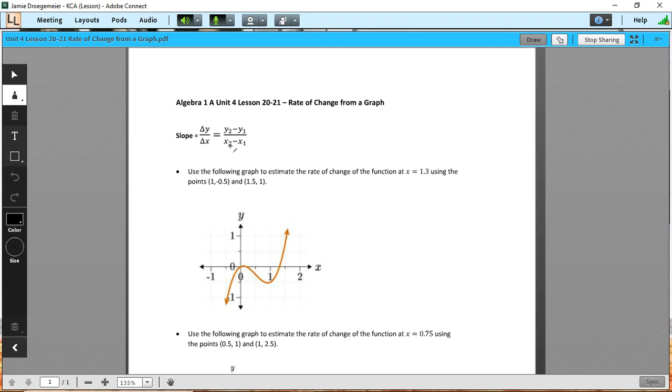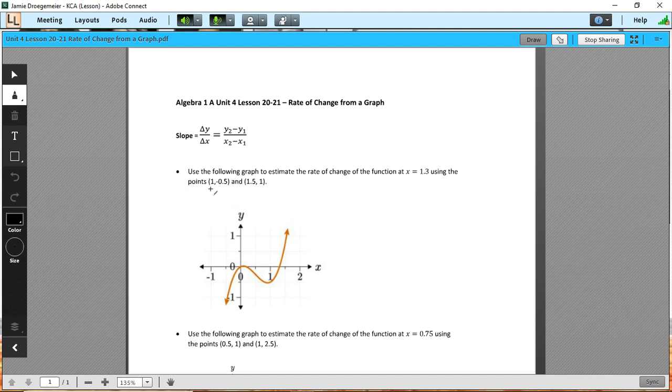But let's look at how we can take a graph and estimate a rate of change here. So we have a graph that's showing a curve. And we want to use that graph to estimate the rate of change of the function at x equals 1.3. So when x is 1.3, which would probably be around in here, we're wanting to know what would that slope be of the curve right there, of that line right there at that point.